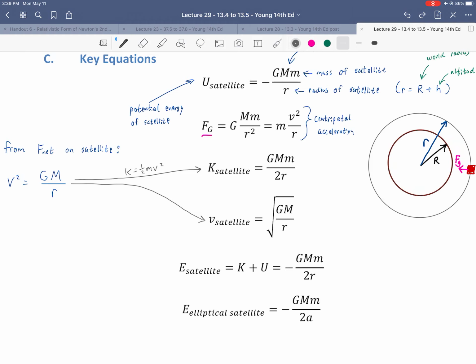If its total energy was 0, then it would have just enough kinetic energy to escape the well, and you'd have an escaped object. That'd be like a Voyager probe, right? Sent out of not just Earth's orbit, but the sun's orbit. Or a lot of probes sent to outer planets in the solar system, like Cassini or New Horizons.